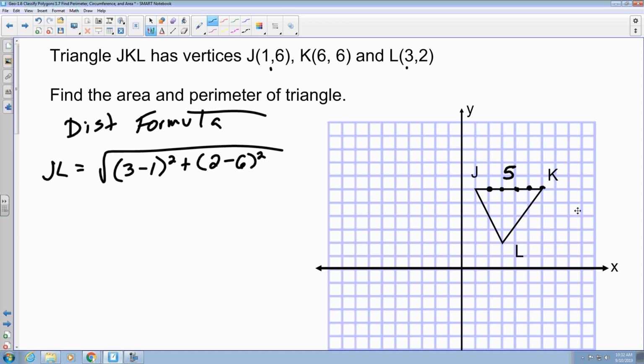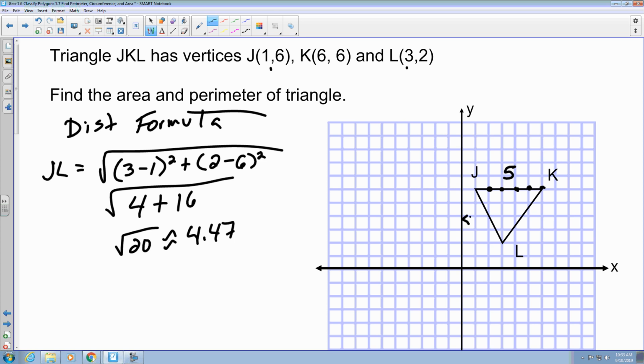So 3 minus 1 is 2, 2 squared is 4, so now I have the square root of 4 plus 2 minus 6, which is negative 4. Square that, I get 16, so I get the square root of 20. Taking the approximation of the square root of 20, it is about 4.47. So JL is 4.47 units.